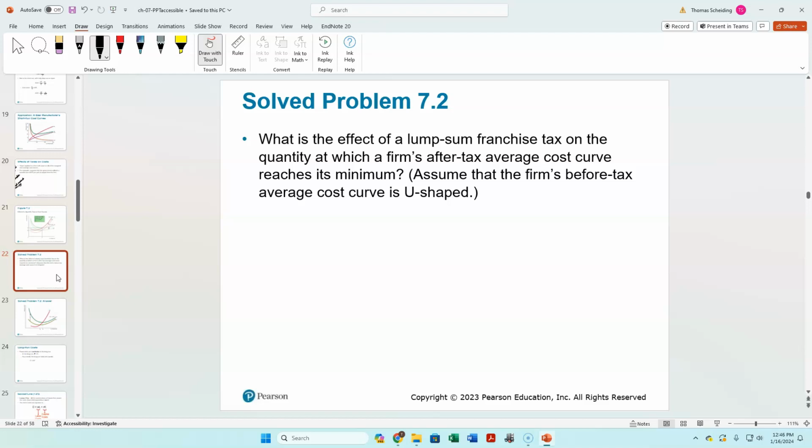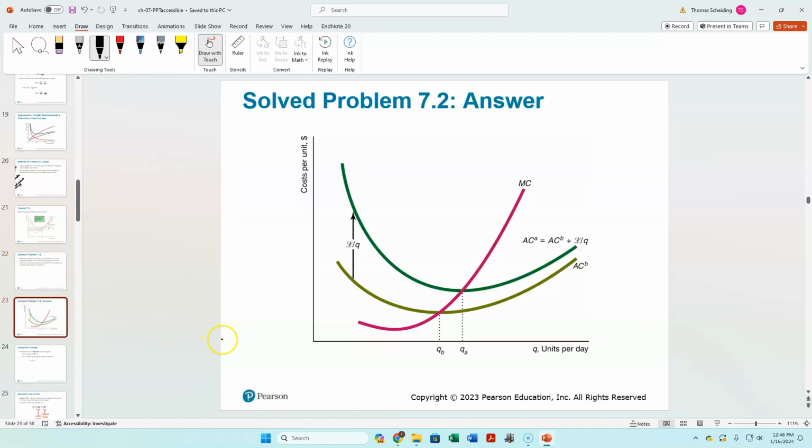And what that becomes useful for us is that we can then see if we have a lump sum tax, what does that do to the cost curves? Again, not surprisingly, it's going to shift things. In this case, it's going to increase my costs by this fixed amount.